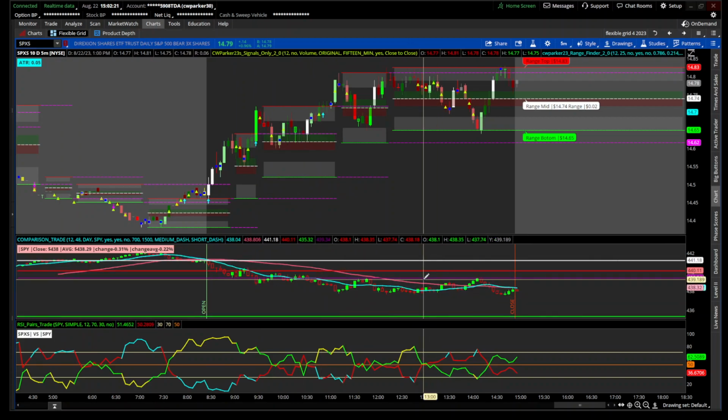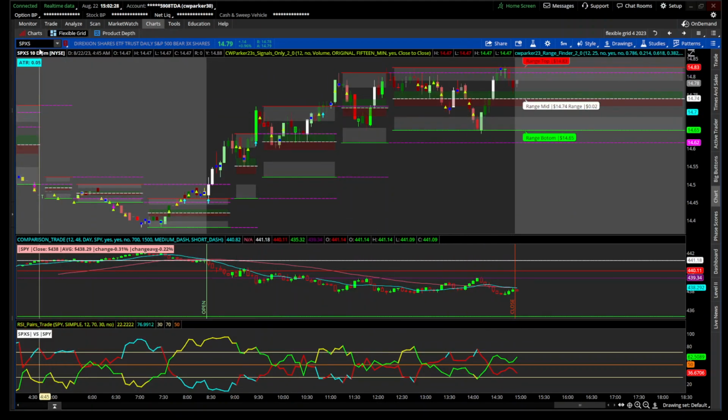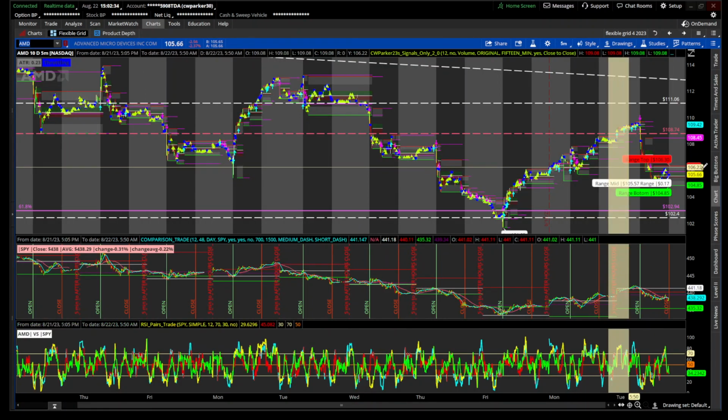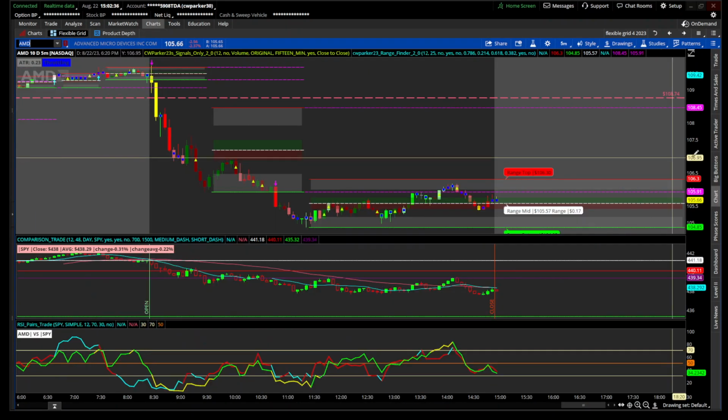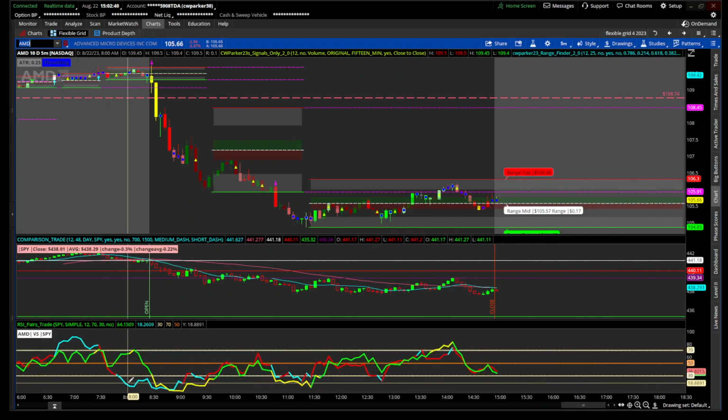This indicator is best for people who want to make comparisons. Sometimes if I wanted to trade AMD, I would see what was going on with the S&P 500. You can see right here, AMD was pushing up while the S&P 500 was pushing down.